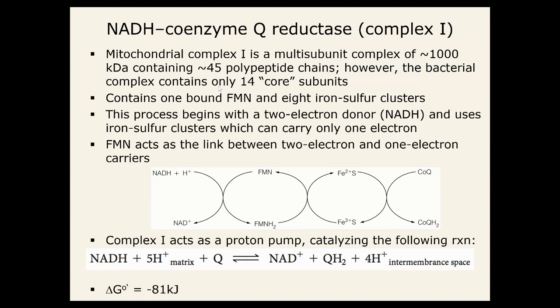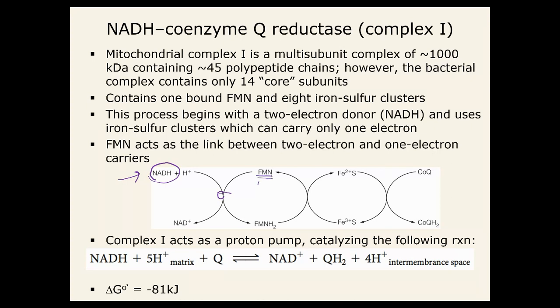So we'll briefly go through each of the complexes. I like this picture, it just keeps it simple. NADH comes in. This is the NADH from glycolysis, from the pyruvate to acetyl-CoA, from Krebs cycle. It's carrying electrons from those processes, and it is going to transfer electrons. Now it's going to give its electrons to FMN, an electron carrier.